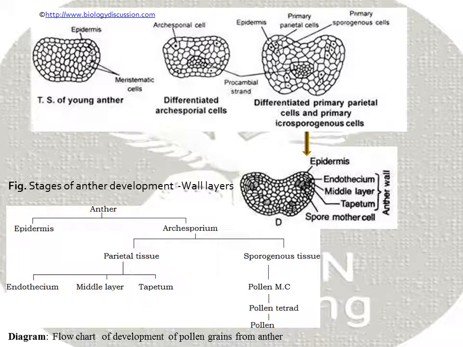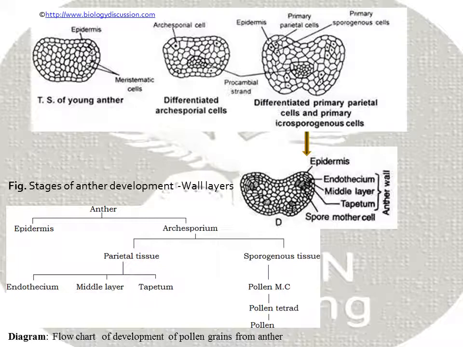Now, we can see archesporial cells and procambial strand. Now, next, differentiated primary parietal cells and primary sporogenous cells. Now, we can see epidermis, primary parietal cells, primary sporogenous cells.